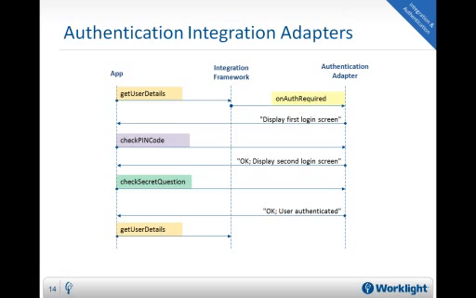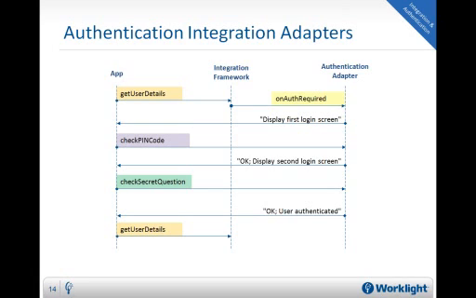The procedure on-auth required returns a response to the application, and it tells the application to start the authentication sequence and display the first login screen. The application displays the login screen where the user can provide her PIN code. The app now invokes a procedure from the authentication adapter to validate the PIN code.